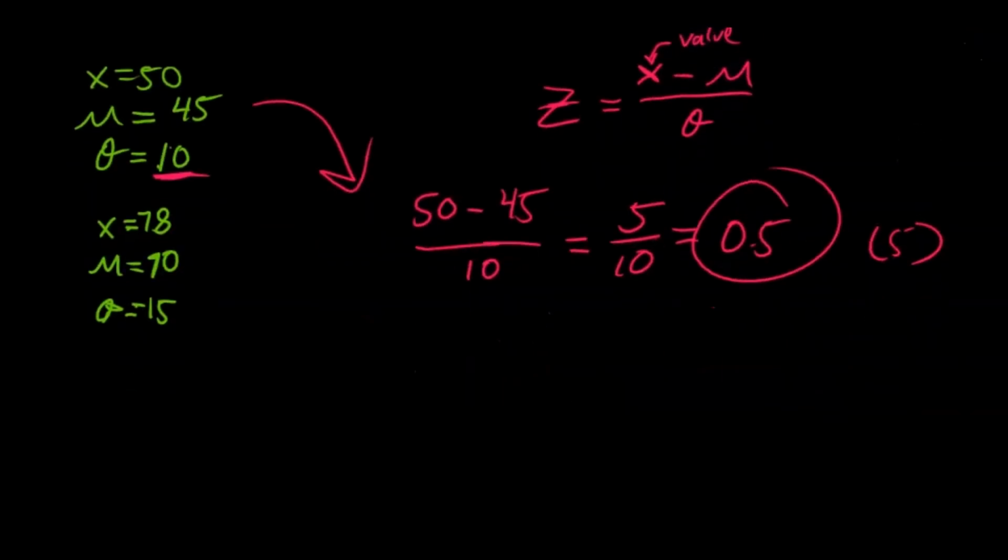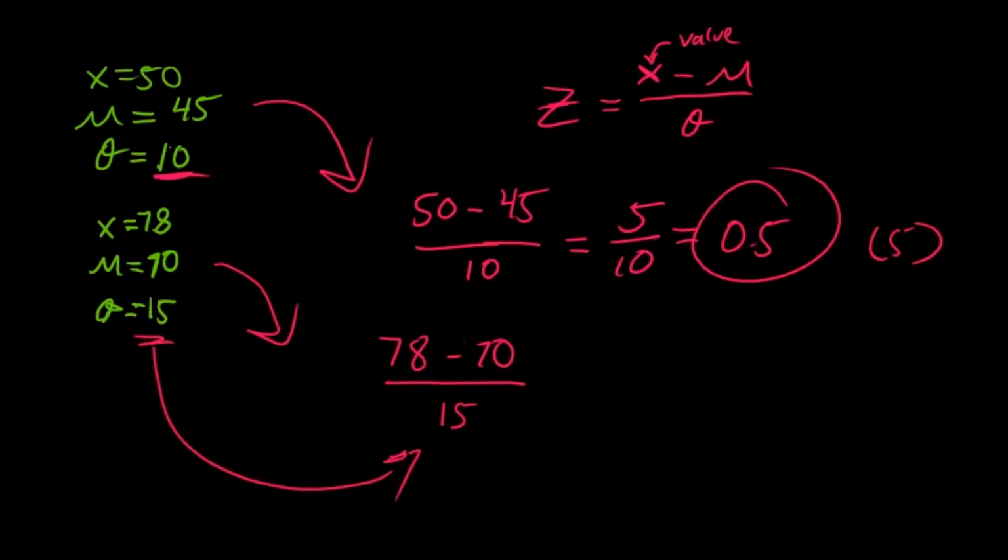Now let's move on to this one. We have 78 minus 70. Now it's got a positive value, so we know she's doing relatively better than the mean. And then let's have this over 15 because that's the standard deviation. That's going to give us 8 over 15.